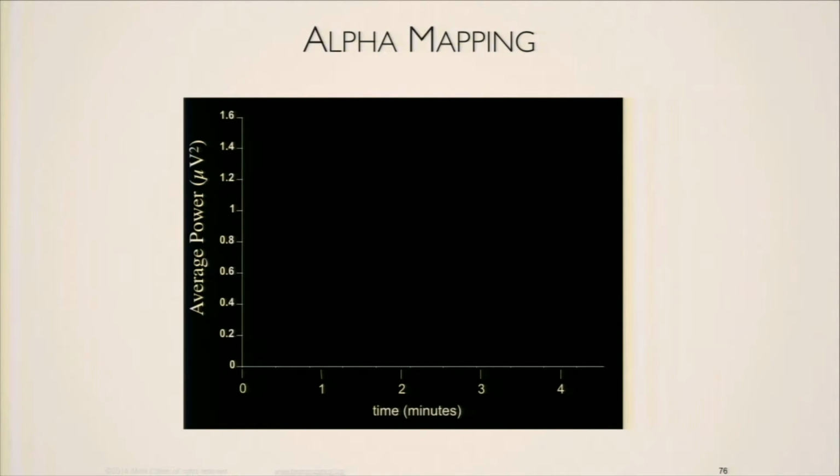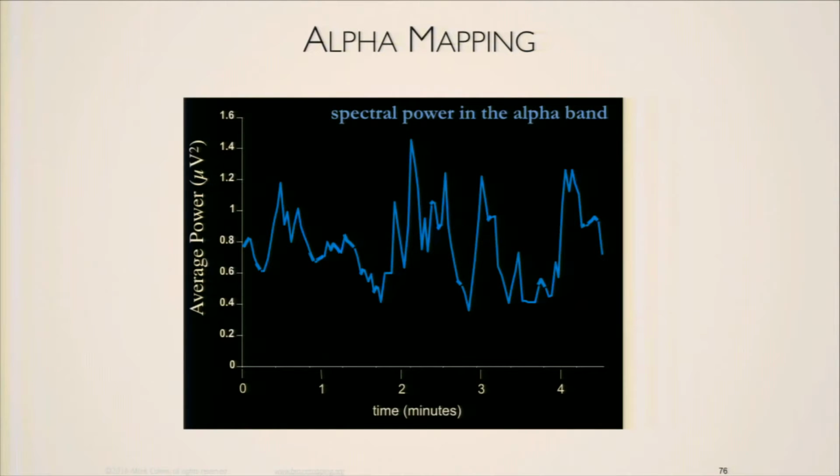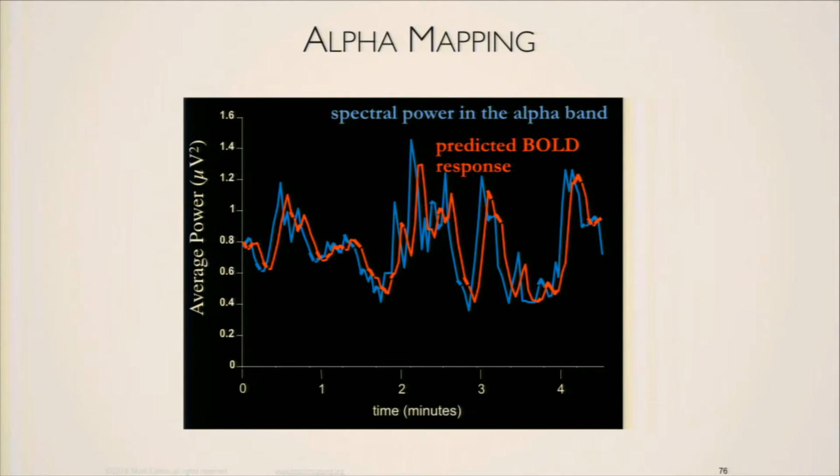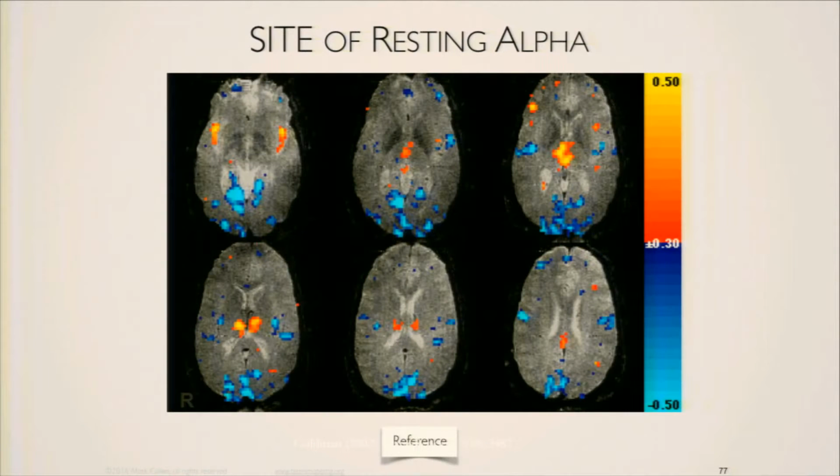However, just to sort of bring this full circle, you can measure it at the same time you do MRI. So here are some spontaneous fluctuations in alpha power in an individual. You just leave them alone and the alpha power goes up and down. You can model what the expected blood flow response is, and I'll talk about that in a minute, which might look like this red curve. And then you can find portions of the brain which mimic the power in the alpha band.